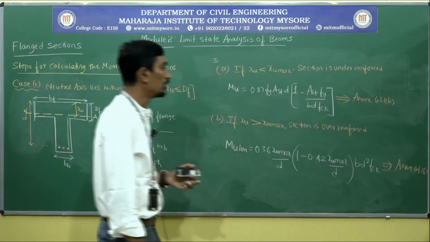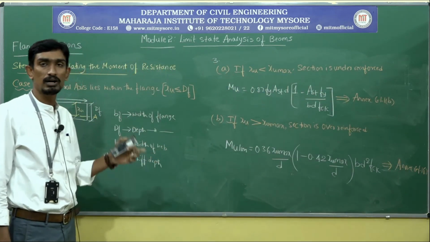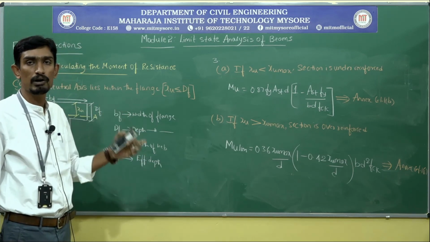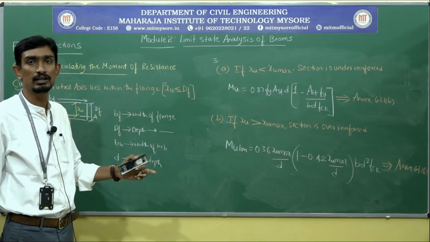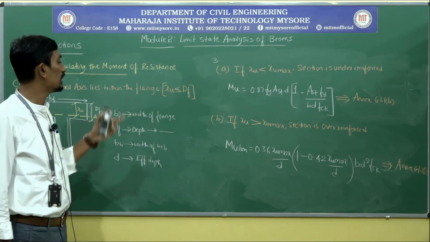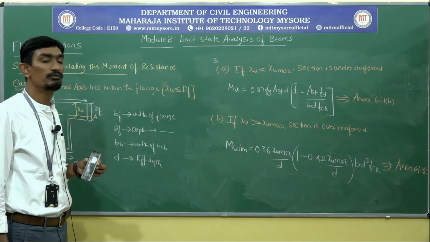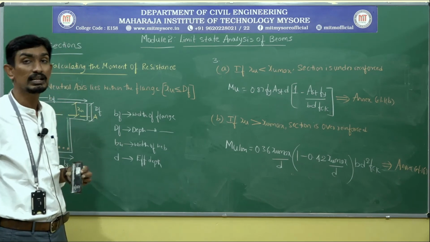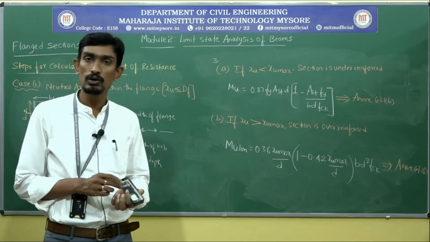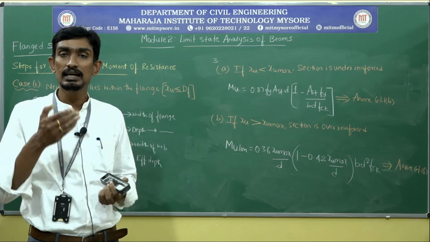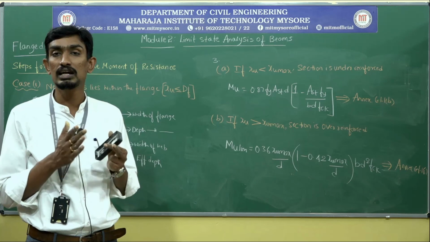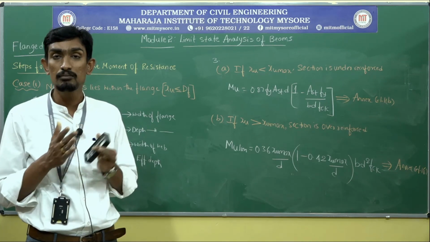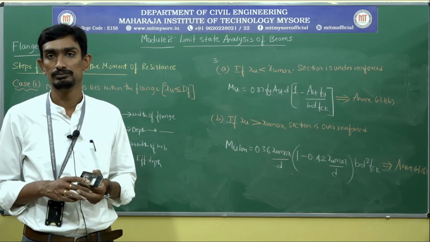That means whatever analysis we are going to do for a T section, that is XU lesser than DF, we are going to treat it as a singly reinforced section. Whatever we did for a singly reinforced beam, the same thing holds good here.